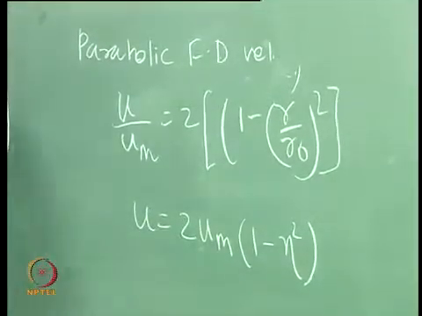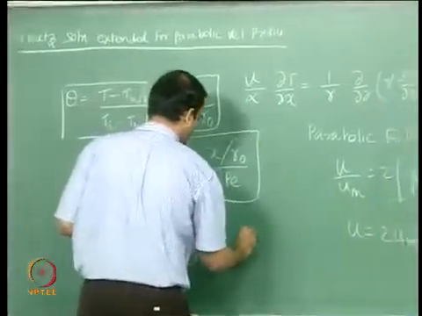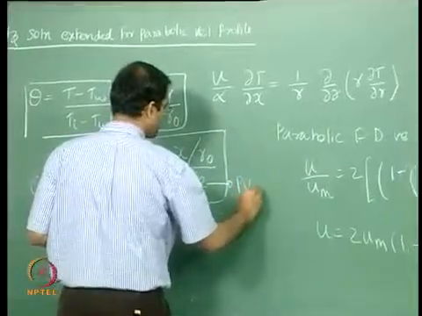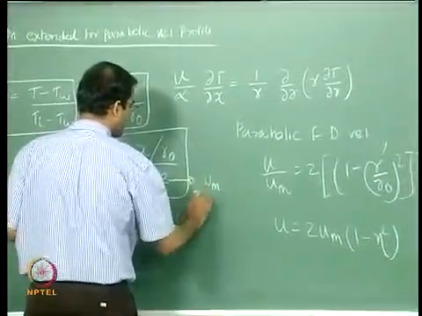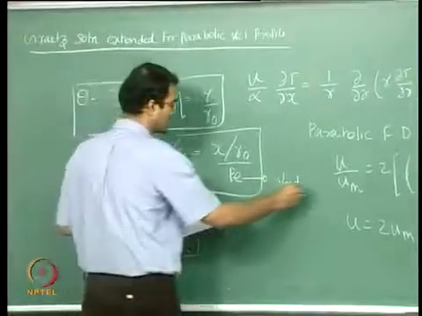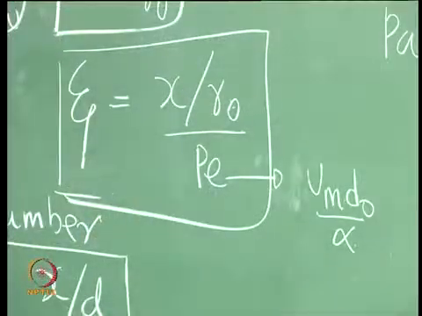So x from here, already you know the Peclet number is rho um d by alpha. So d, or d naught, you can use, this is the diameter of the duct.